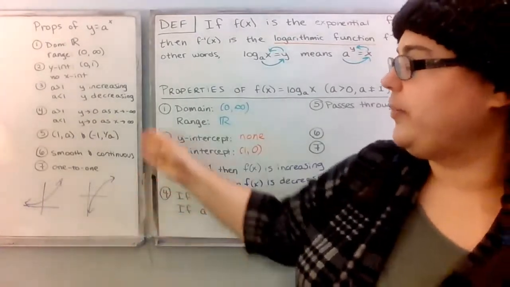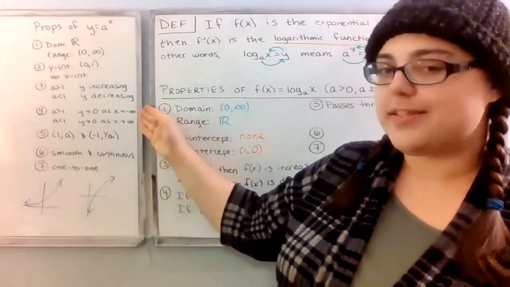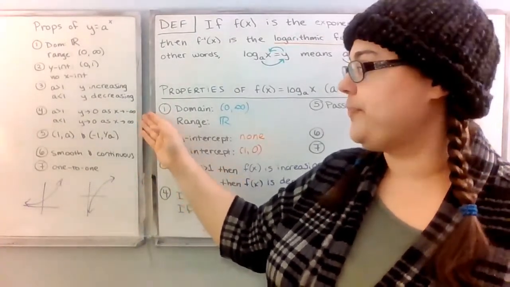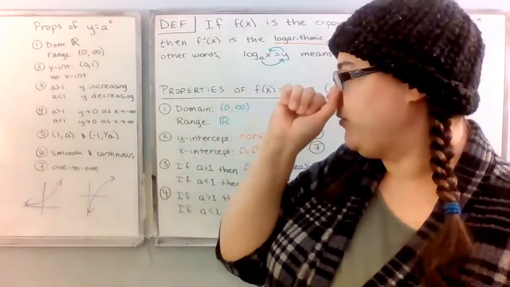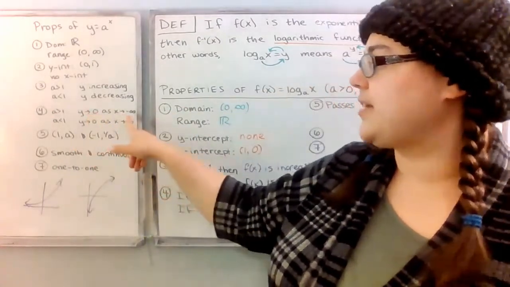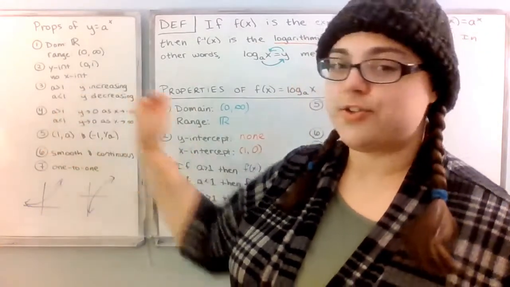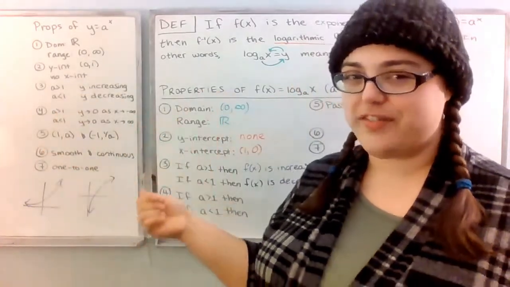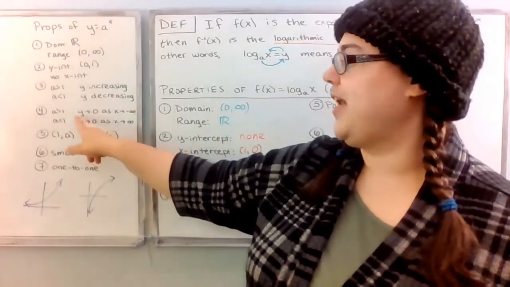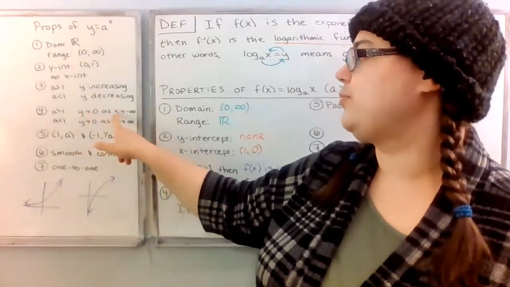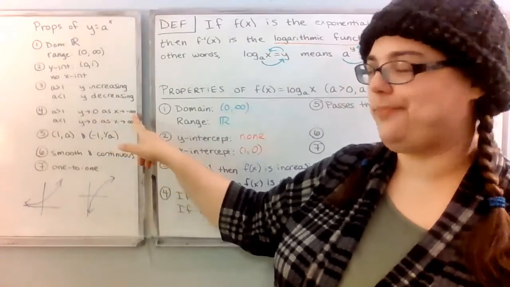Next, in our exponential properties, we were stating essentially our horizontal asymptote here, so that y went to 0 as x went to -infinity for a greater than 1. So now, remember, we're switching the roles of x and y. So this is saying that x is going to get close to 0 as y goes to -infinity.